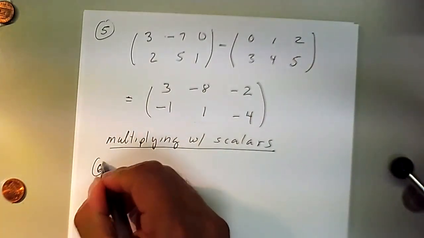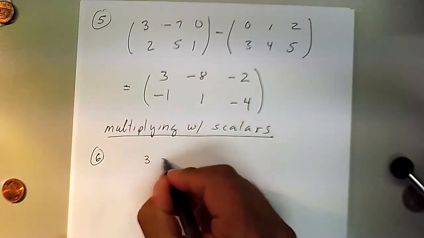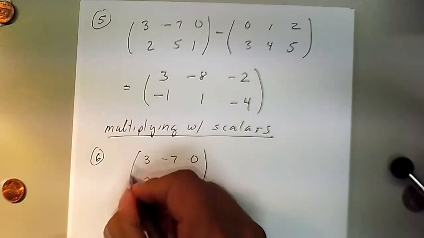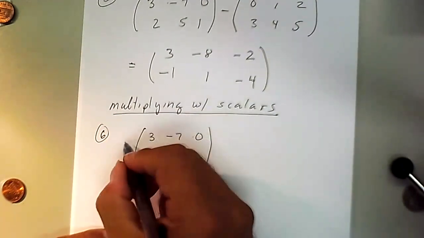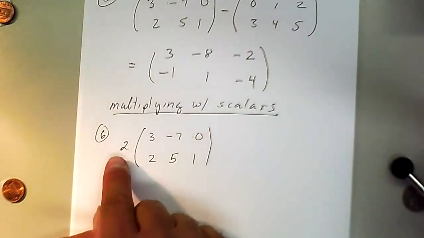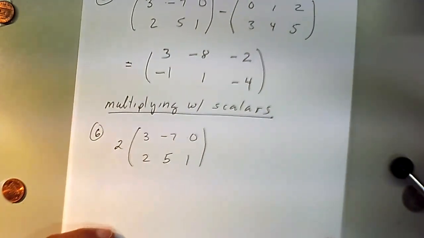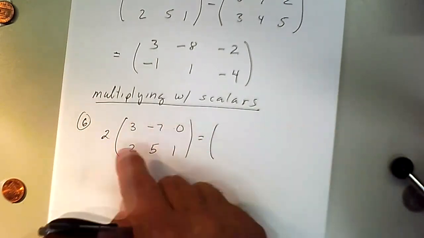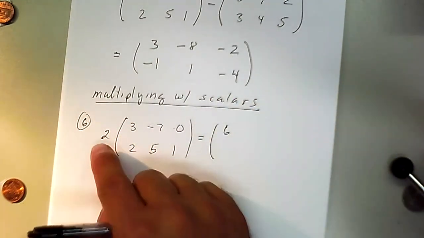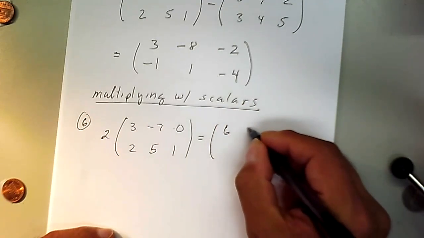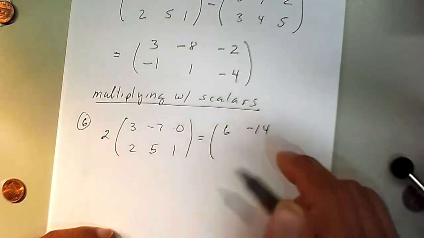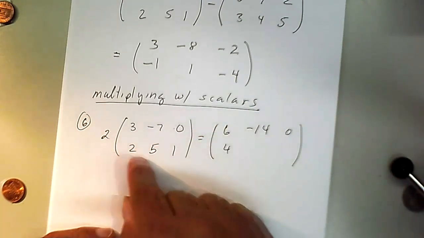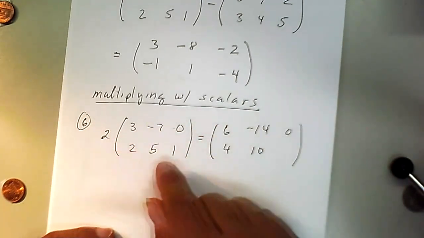So example 6, if you have 3, -7, 0, 2, 5, 1, we can multiply this by any number you want, 2. So this is a scalar times the matrix. And just as with the vectors, we multiply every entry by that scalar. So 2 times 3, 6, 2 times -7, -14, 2 times 0 is 0, 2 times 2, 4, 2 times 5, 10, 2 times 1, 2.